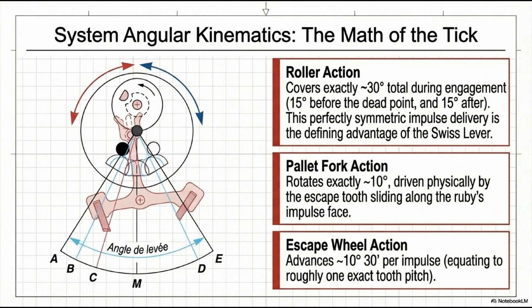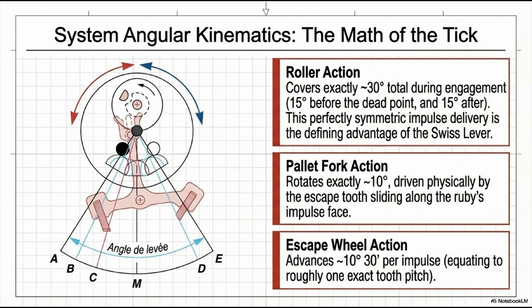Unlocking, the roller consumes approximately 8 degrees. The fork rotates 2 to 4 degrees. The wheel undergoes geometric recoil of 0 degrees 15 arc minutes, then dynamic recoil of 0 degrees 0 minutes 15 seconds. The escape wheel actually moves backward before it moves forward, not a malfunction, a geometric consequence we'll see in detail shortly.